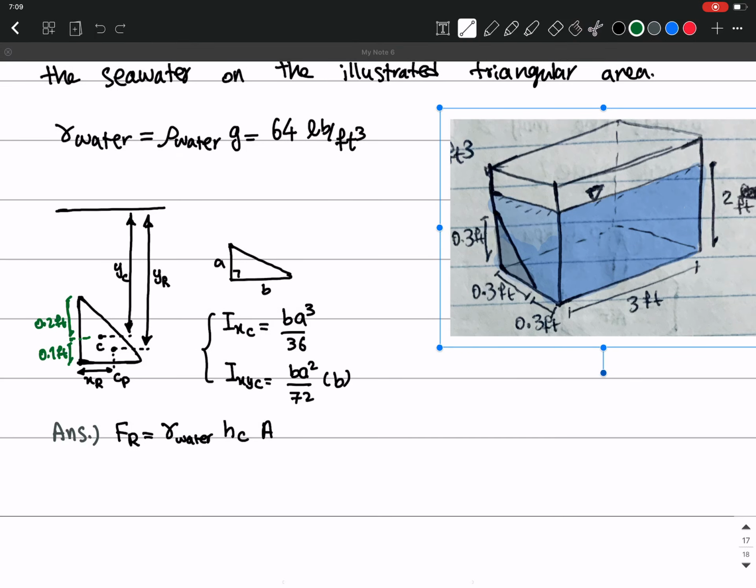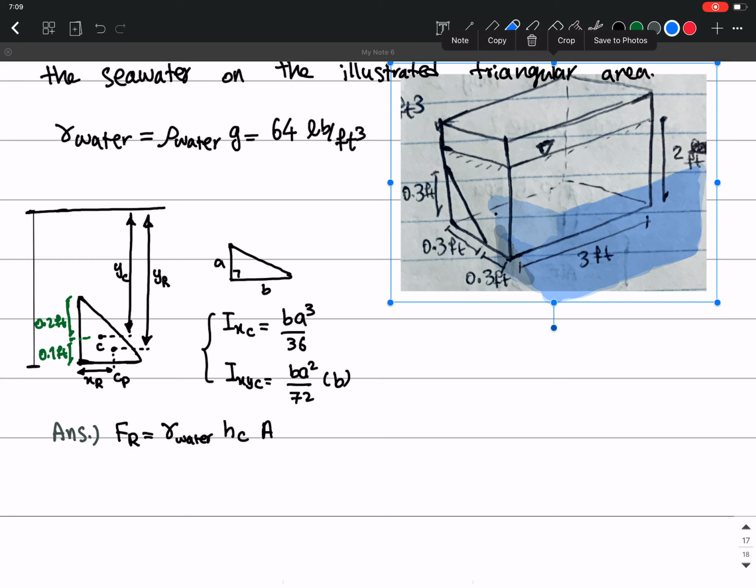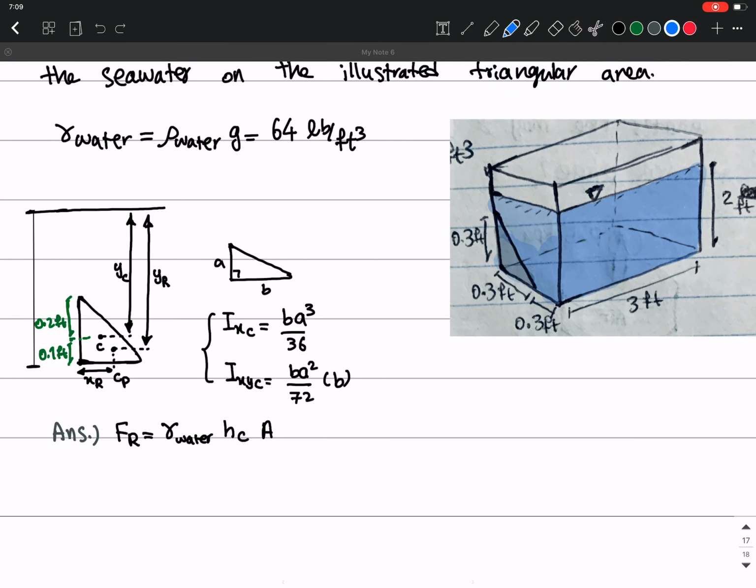So from here to here is given in the problem configuration, which is from here to here is 2 foot, right? And you can see it from here. Right, 2 foot.